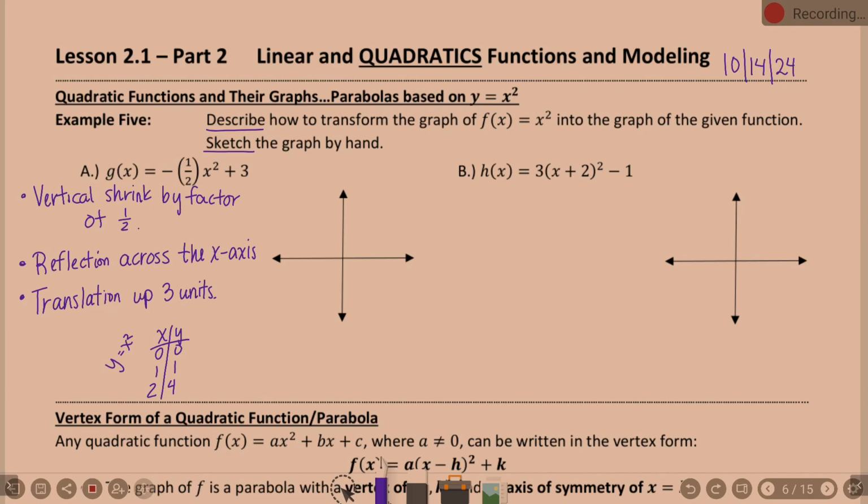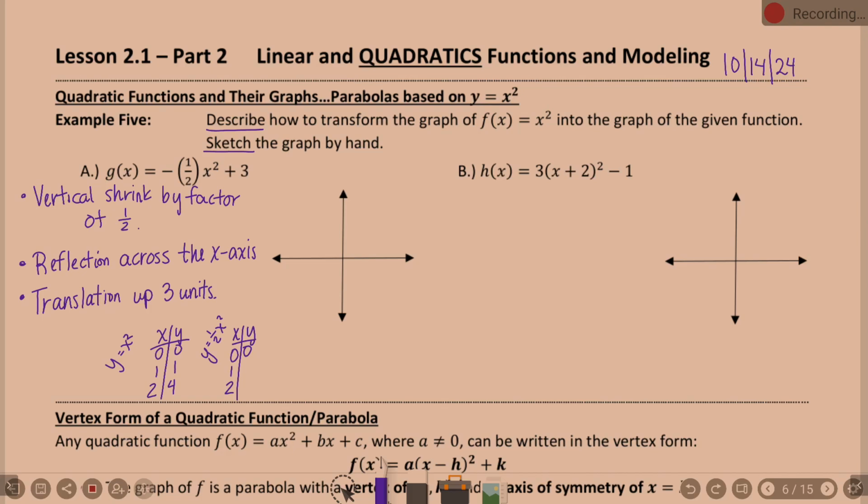So now, we need to do y equals 1/2 x squared, which means we're going to do half, but what changes? Only the y values. It's a vertical shrink. My vertical values are y, so I'm shrinking them by 1/2. Remember, 0, 0 is the vertex.